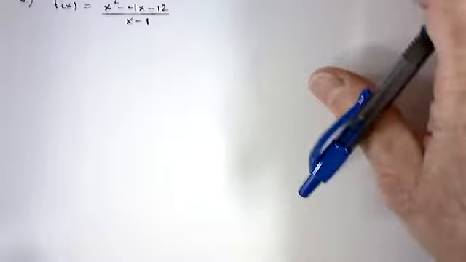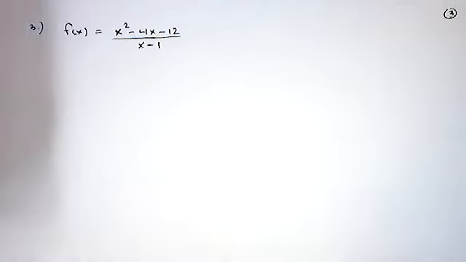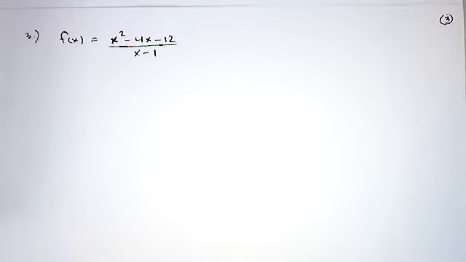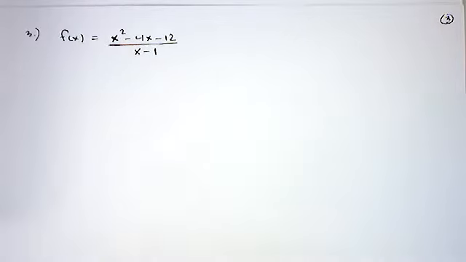Okay, one more for this video. f of x equals x squared minus 4x minus 12 over x minus 1.